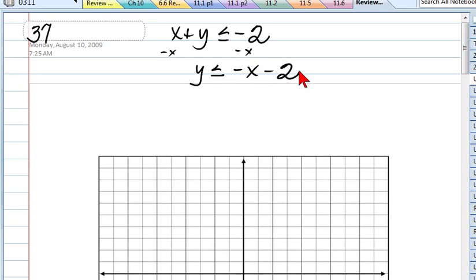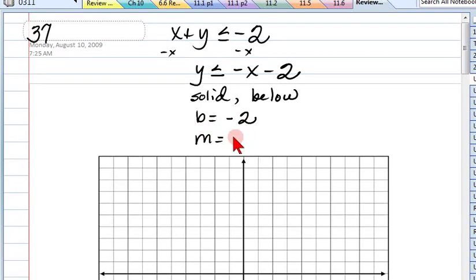This line, will it be solid or dotted? It'll be solid. Will I shade above or below this line? It says less. Y gets smaller as it goes down, so it's below. Where will I begin? -2. The slope is -1. Put it over 1. That's down 1, right 1.